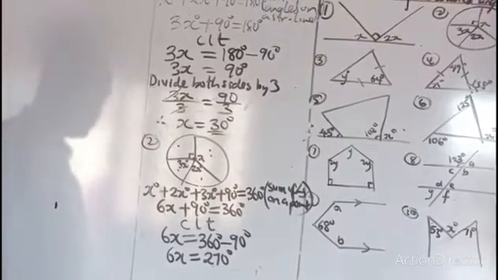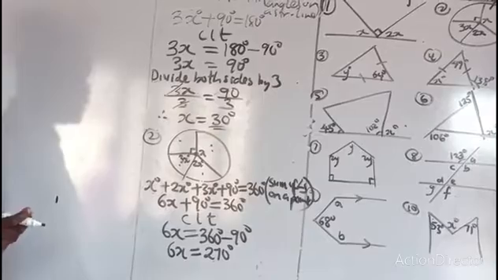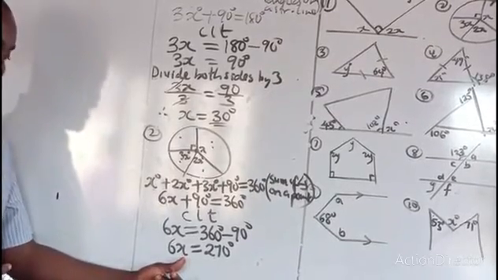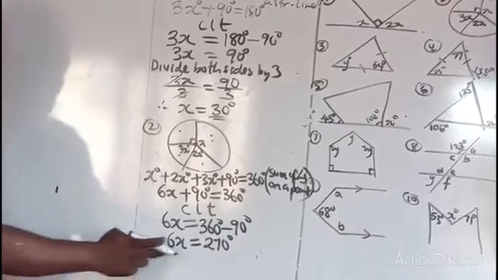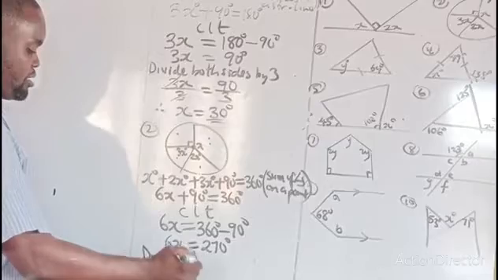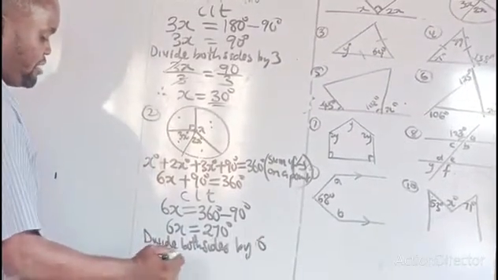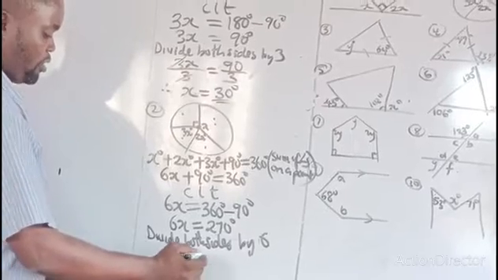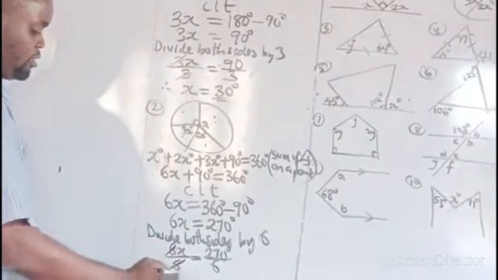Is that all? No. What are we looking for here? X. So for x only to be here, we divide both sides by 6. So that we have 6x over 6 equals 270 over 6. 6 cancels 6.